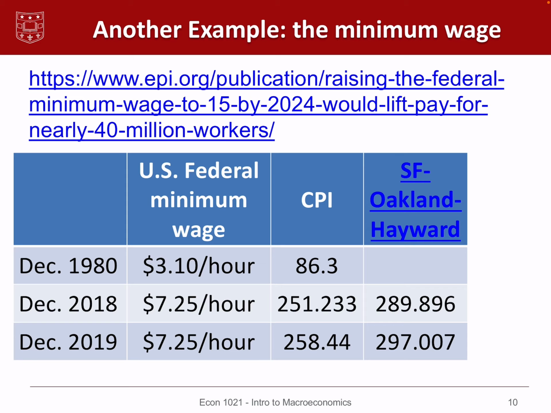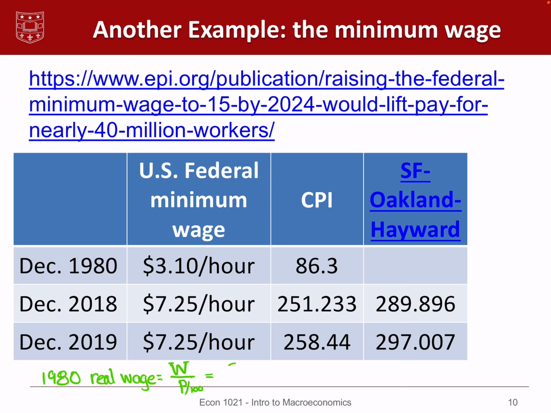So, one thing that we can do is compare the minimum wage in 1980 with the minimum wage in 2018 and 2019, respectively. How would we think about this? Well, this would be one way to do it. We could calculate the 1980 real wage as the nominal wage, we'll use a W for the nominal wage, divided by the average price level, and in this case we'll divide that in turn by 100.